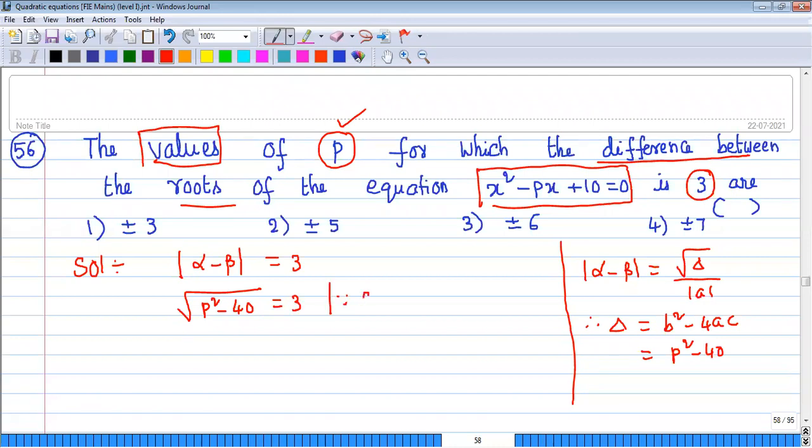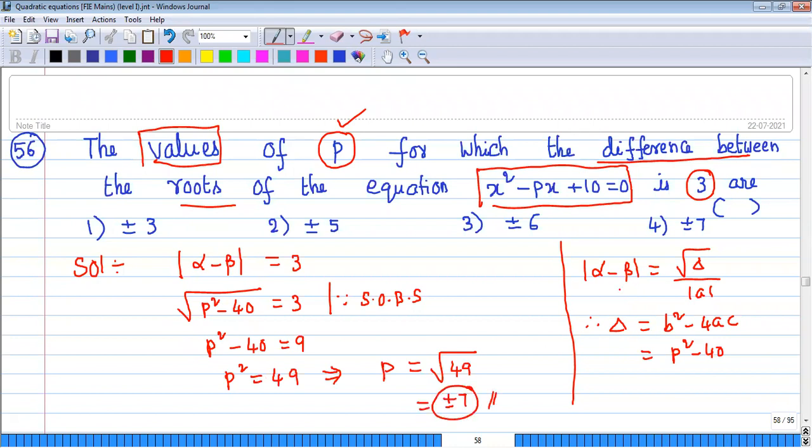Squaring on both sides, we get p square minus 40 equals to 9. P square equals to 49. We need to solve this equation. So p equals root over 49, we get plus or minus 7. This is the answer. Fourth option is the right option.